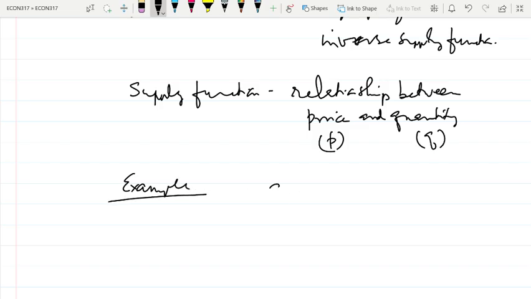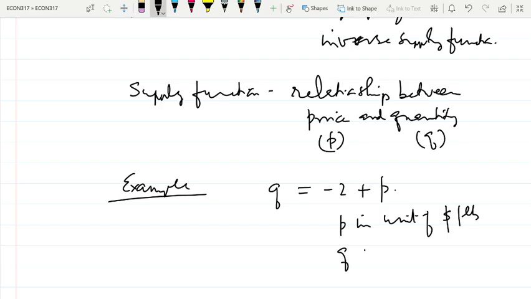Let's say it is given that Q is equal to minus 2 plus P. So if I am assigned a price, I will be able to figure out the quantity. For this example, let's take the price to be in the unit of dollars per pound, which means quantity is in the unit of pounds.